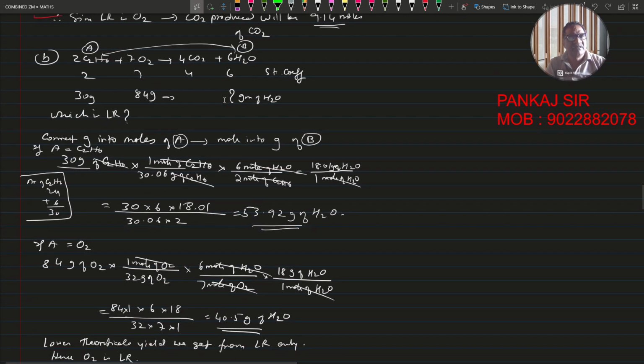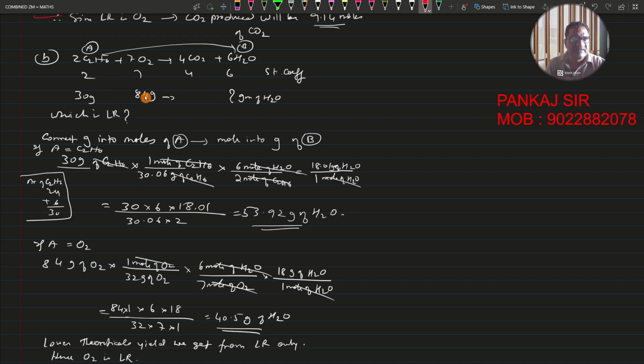Now the B part of the question, same reaction. 2 molecules of C2H6 react with 7 molecules of oxygen, giving you 4 molecules of carbon dioxide and 6 molecules of H2O. Again the reactants are ethane and oxygen, and the stoichiometric coefficients still remain the same: 2, 7, 4 and 6.